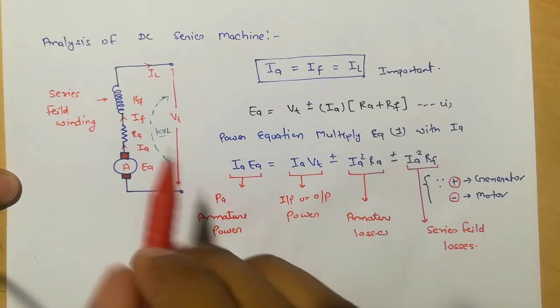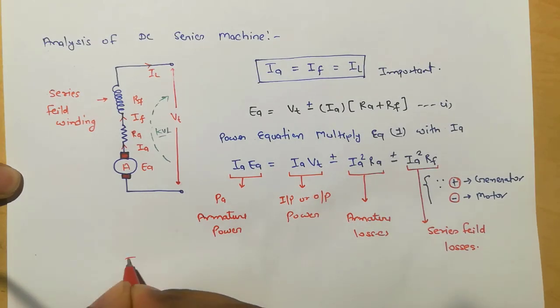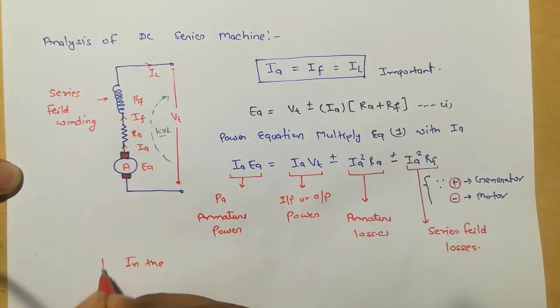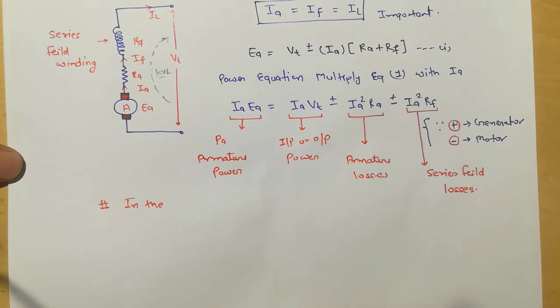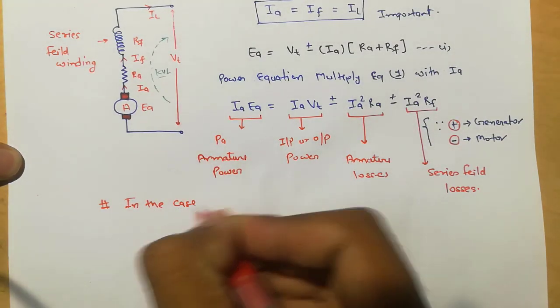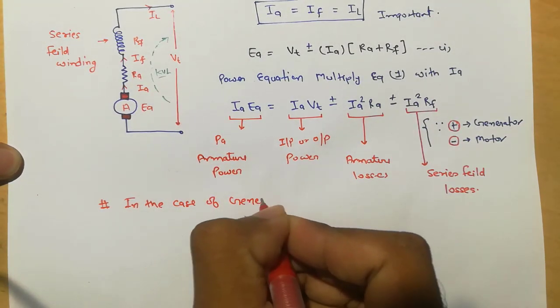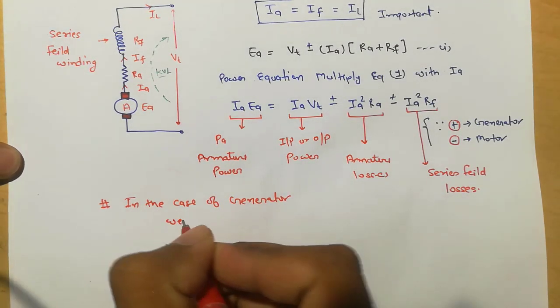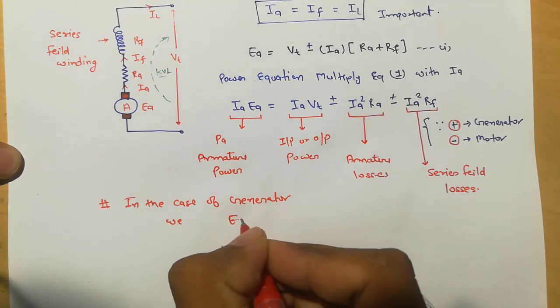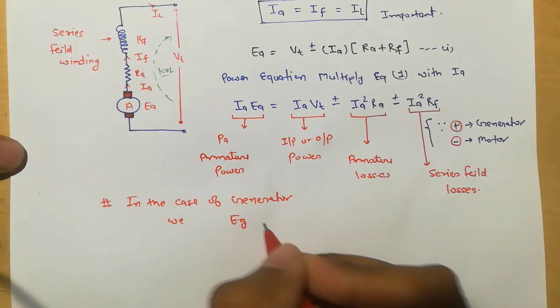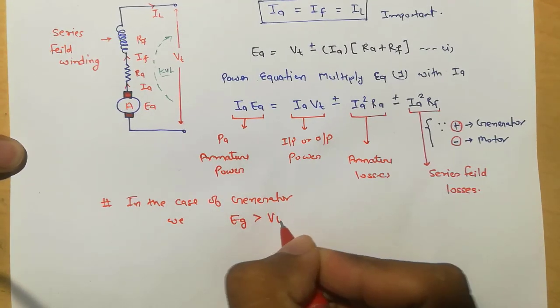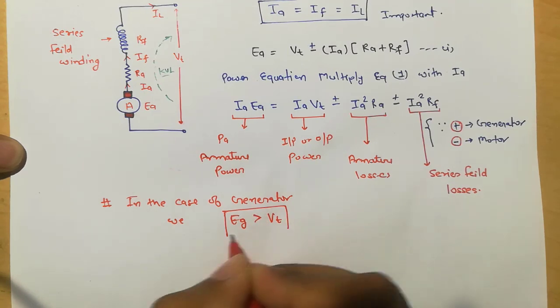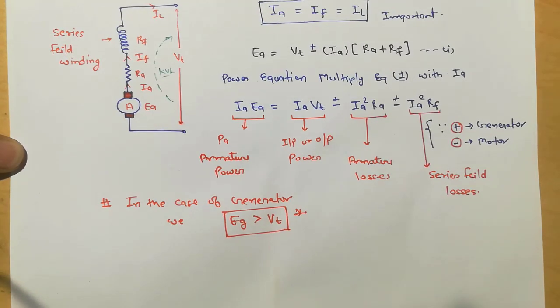Here we can see that in the case of generator, the important line is that the induced EMF Eg is always greater than the terminal voltage Vt. This is our important line in this machine.